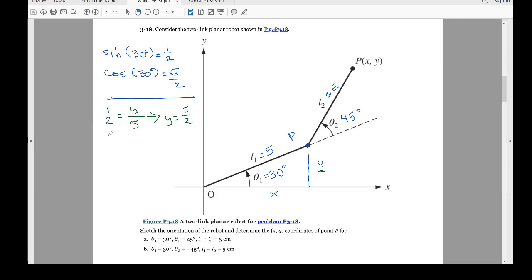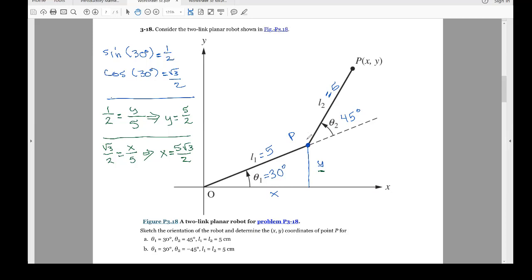And then we do literally the same thing for x, except we use the cosine value. So the cosine is equal to the square root of 3/2, and that's equal to x over 5, which means that x is equal to 5 times the square root of 3/2.